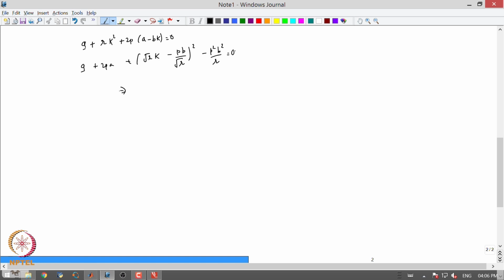So, okay, this will have a minimum when this term over here is 0. So, that essentially means that this is k equal to p b over r. Okay. Now, this is what I derived, right.